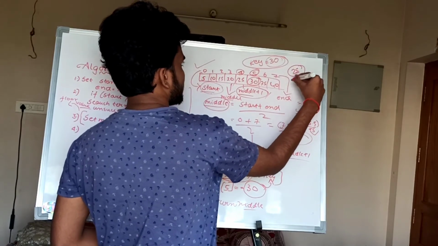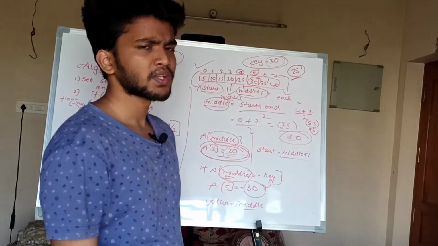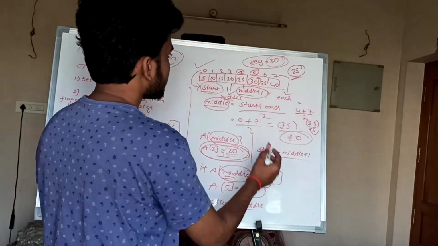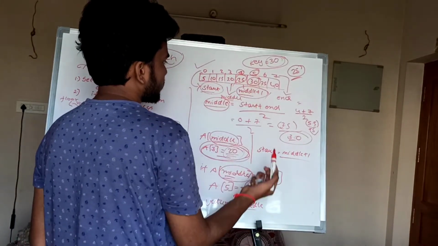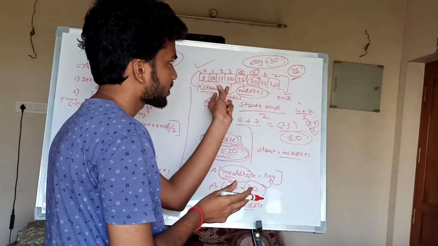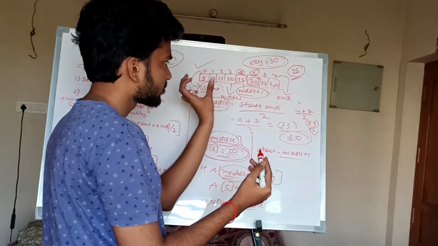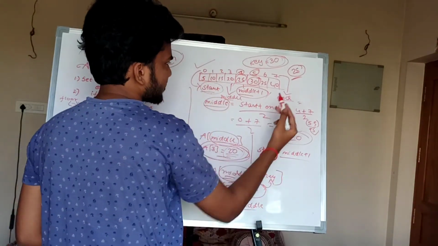When our key value is 25, now again we should make a move. How? Let's see, start is present at the fourth index and the value is 25, and end is there itself.